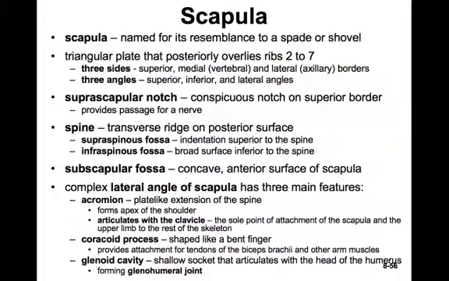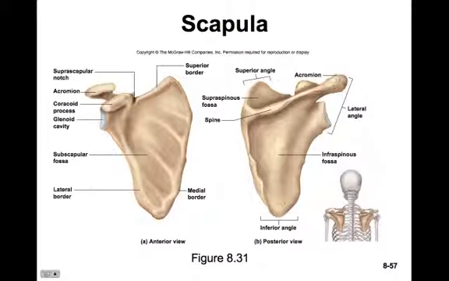The lateral angle of the scapula has these 3 main features: the acromion, the coracoid process, and the glenoid cavity. Let's look at those. So this is the region we're talking about, the lateral angle. We have an acromion and a coracoid process. The acromion comes over the top of the shoulder joint and holds everything in place.